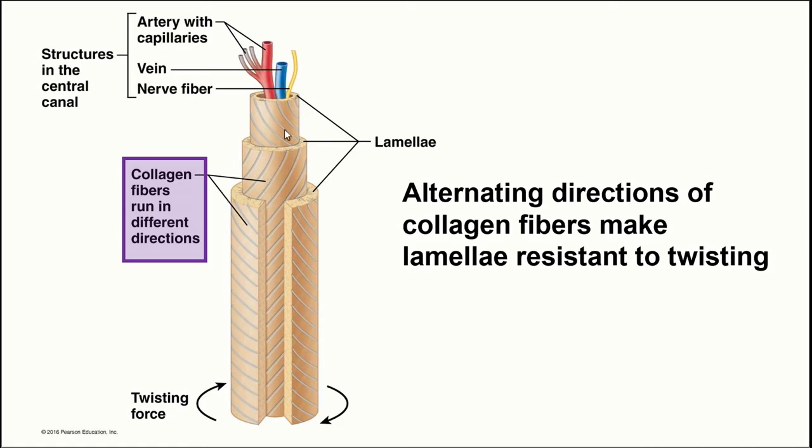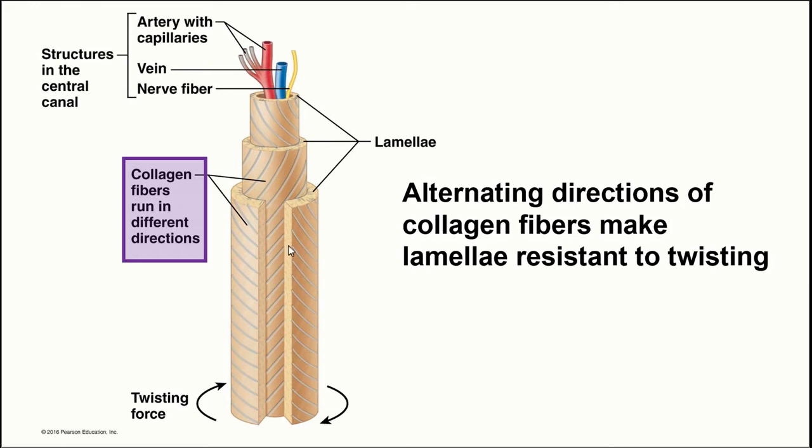In one lamella, in this example, I think it would be a counterclockwise twist. In this one, they're wrapped in a clockwise twisting fashion. In the next one here, it's changed direction again, and now it's a counterclockwise twist here.